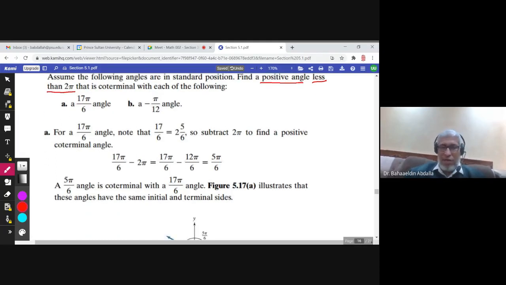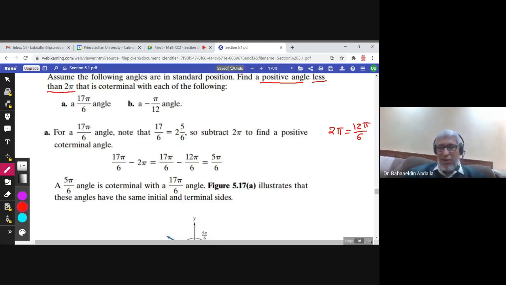Remember here in part A, for example, he needs this angle, 17 pi over 6. We need to find a coterminal angle to this angle, which is positive and less than 2 pi. Remember, the denominator is 6. So in this case, 2 pi equals 12 pi over 6.